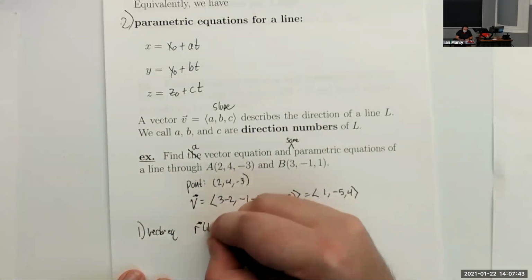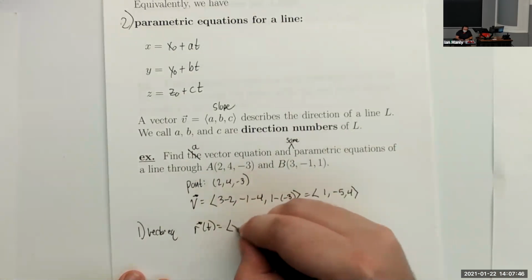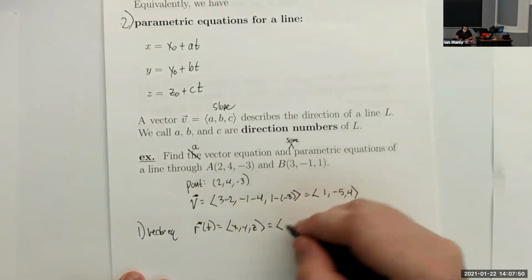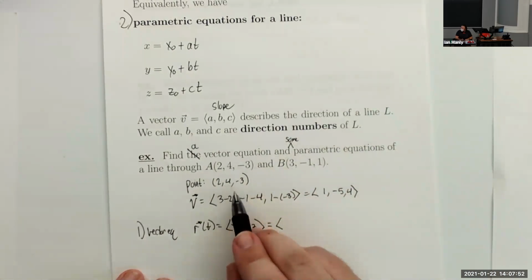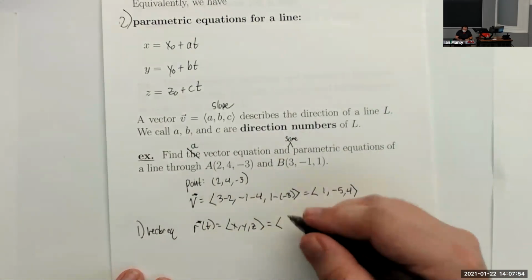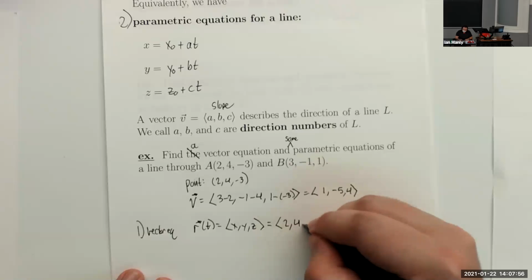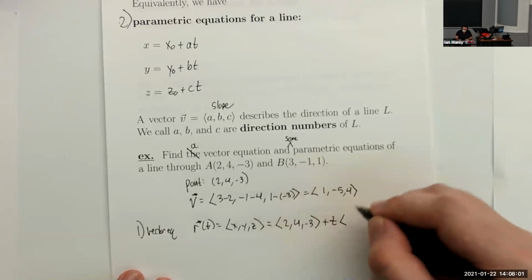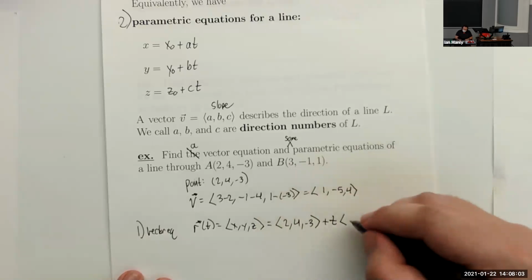So R of t is going to be x, y, z is equal to, now we're going to have our point as one of these vectors. So it's going to be 2, 4, and -3. And then we have t times our direction vector here.